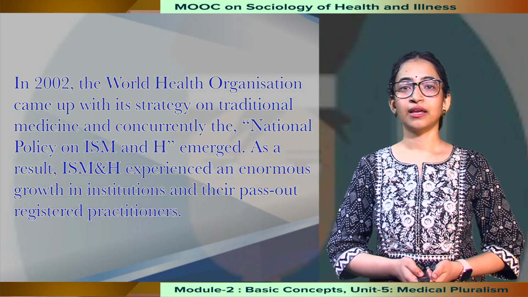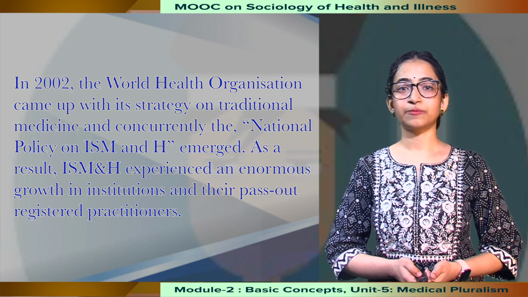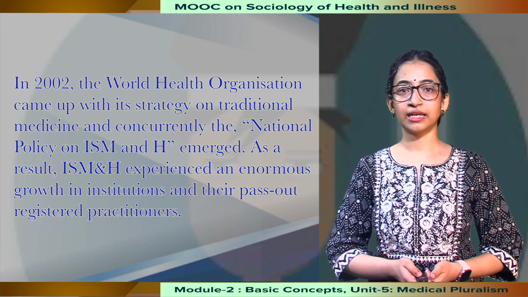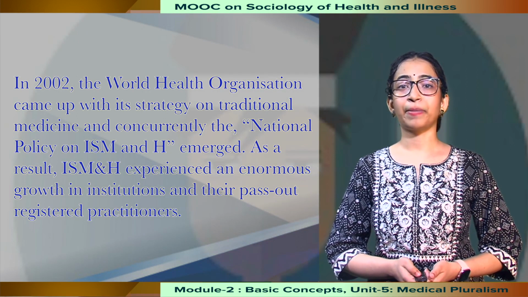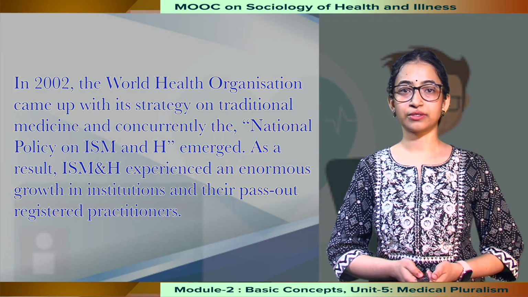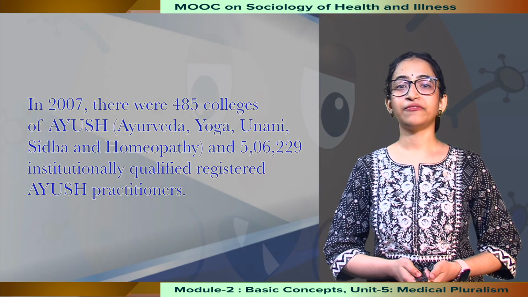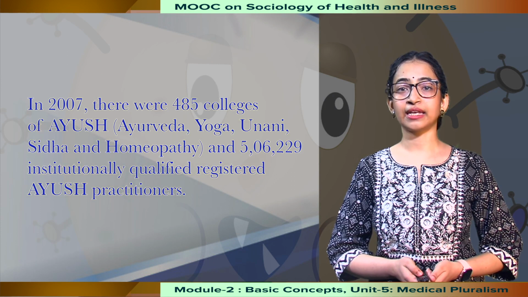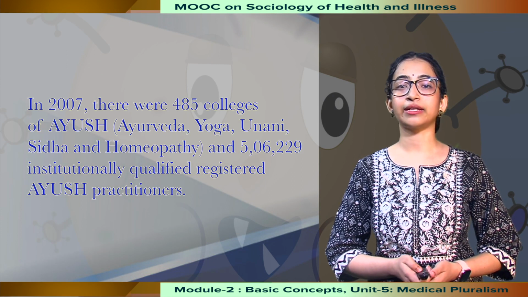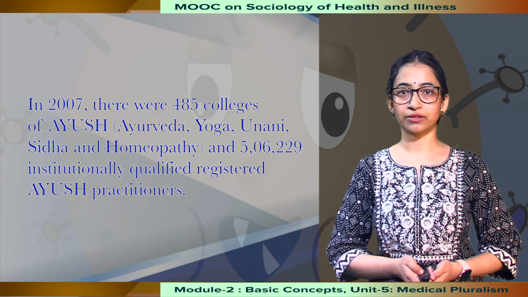As a result, ISM&H experienced an enormous growth in institutions and their pass-out registered practitioners. In 2007, there were 485 colleges of Ayush and 5,06,229 institutionally qualified registered Ayush practitioners.